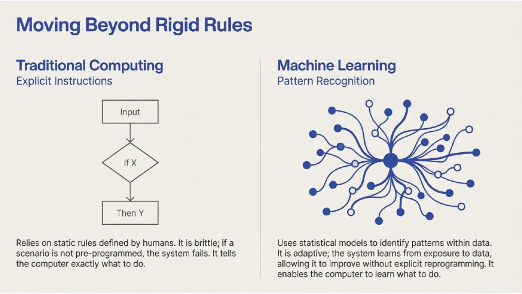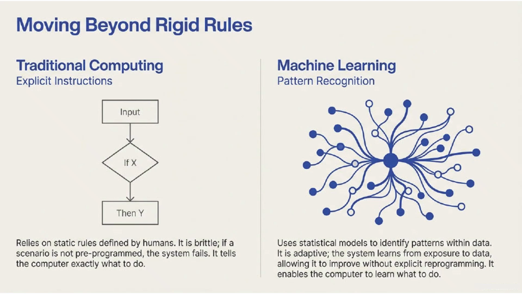Okay, so contrast that with the right side of the slide, machine learning. The visual here isn't a straight line anymore. It looks like a web, like a neural network. And the keyword changes from explicit instructions to pattern recognition. Instead of you writing the rules, you feed the system data, tons of it, and you let the statistical models figure out the relationships themselves.